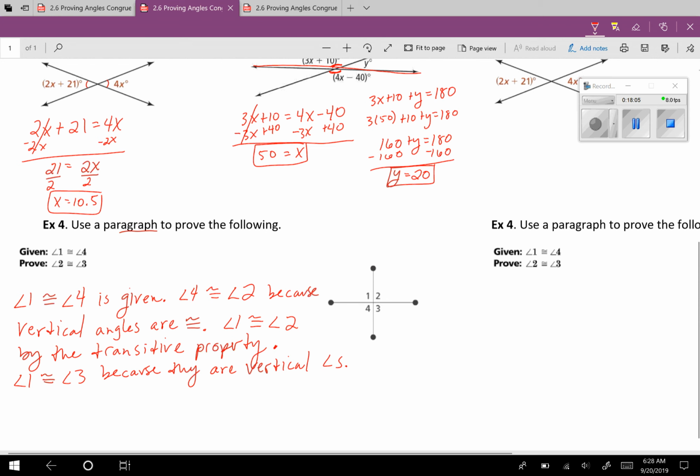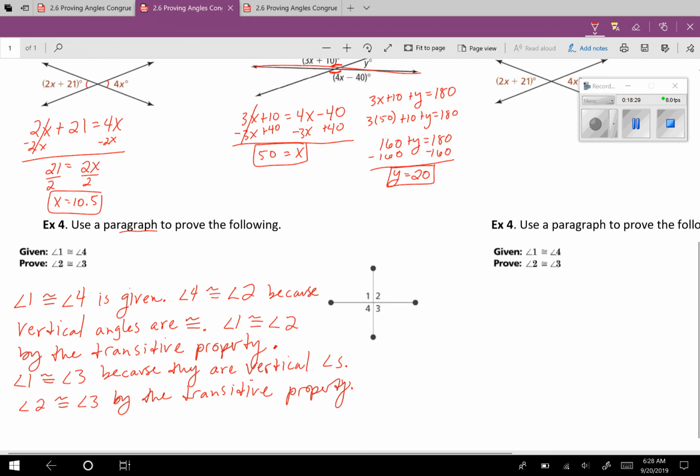So we can say that angle 2 is congruent to angle 3 by the transitive property. And there we go. So that would be your paragraph proof.